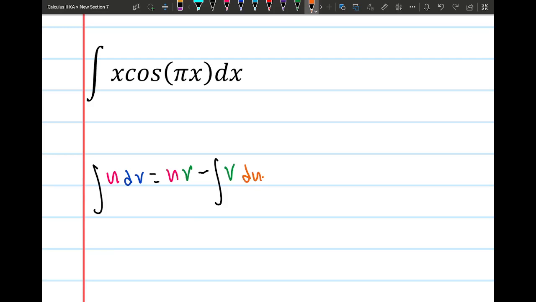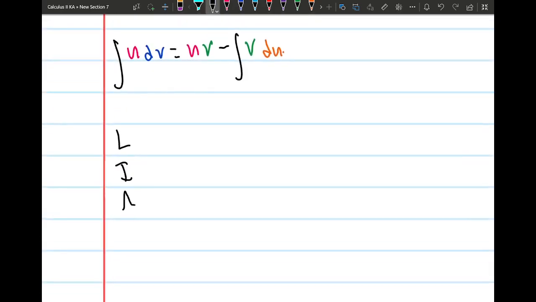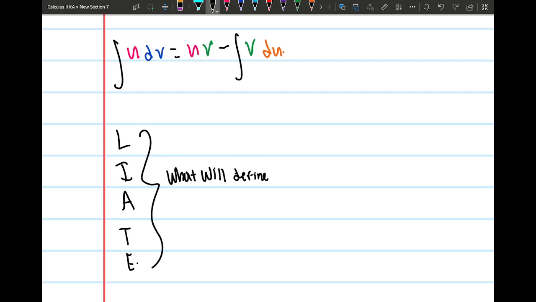There's another thing I wanted to mention, and it is an acronym. It's called LIATE. That's yet another thing I want to make very clear, and this is what's going to define u. This is how we know what to make our variable u be.